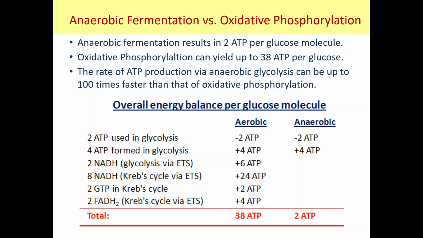In aerobic respiration, there are lots and lots of ATP formed from glycolysis and subsequently from the Krebs cycle and ETS, electron transport system, resulting in a total of 38 ATP, while in anaerobic respiration, there's only a net gain of 2 ATP produced.